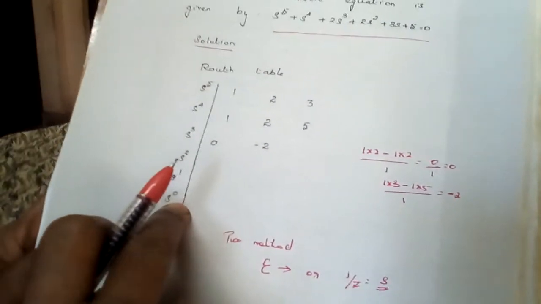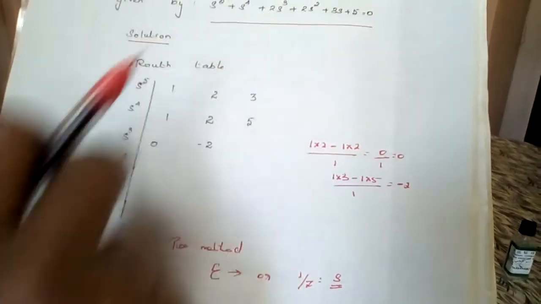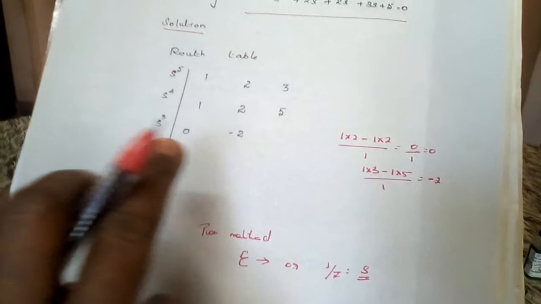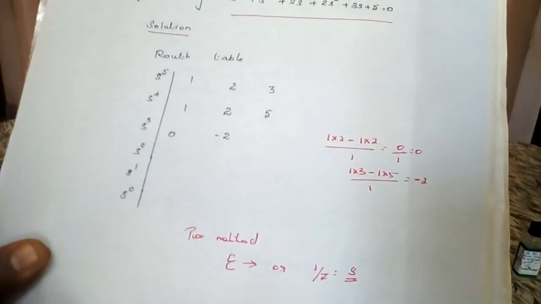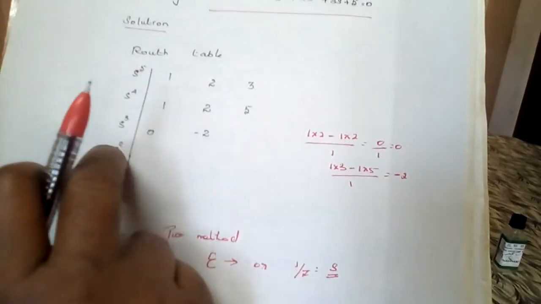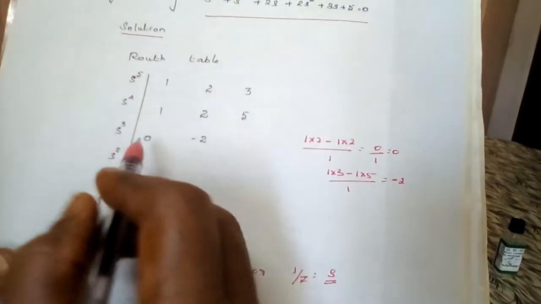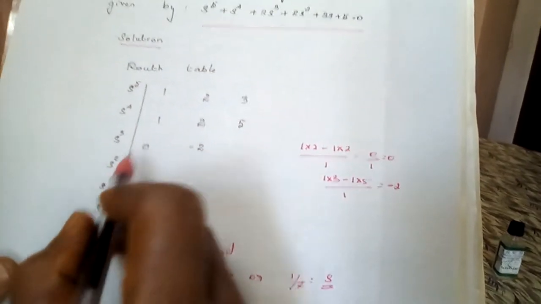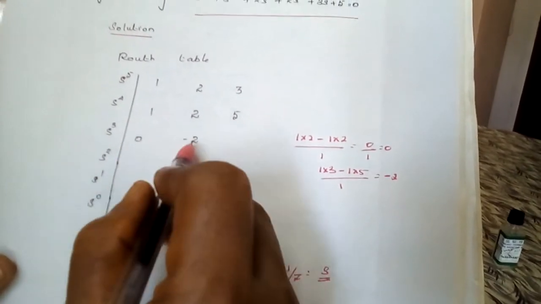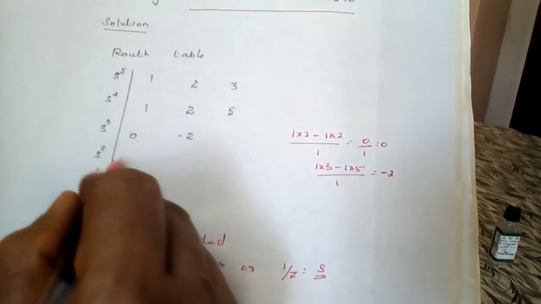How do I check the stability? The first column of the Routh's table must be constant without any sign change. If there is a sign change, the system is said to be unstable. So if there is a zero element and I proceed to the next orders, s power 2, s power 1 or s power 0, then 0 into 2 is equal to 0, 0 minus 2, minus of minus is plus, 0 plus 2 divided by 0 tends to infinity.